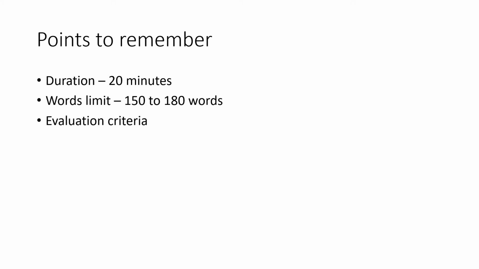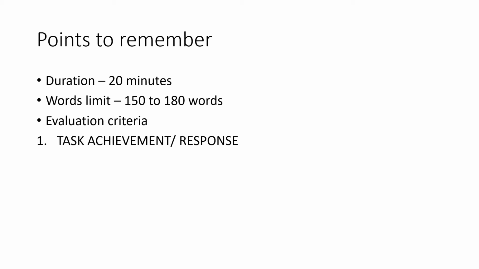The next thing which you should be conscious about is the evaluation criteria. There are four evaluation criteria. The first one is task achievement or the task response. Under task achievement, they just see if you have understood the question correctly and if the answer written is relevant to the question.